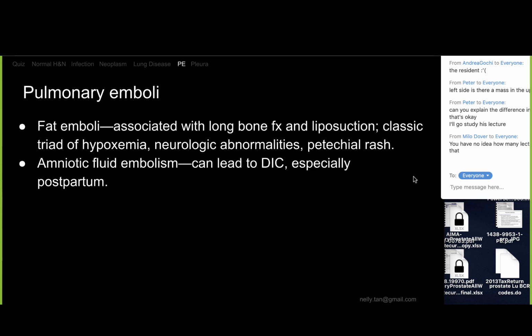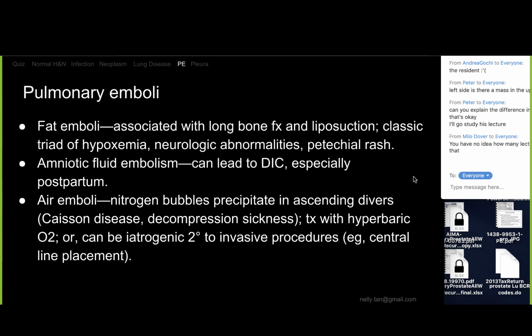But we usually use CT, the PE protocol, CT pulmonary emboli protocol. It's a CT angiogram. But there are different types of PE you should be aware of. Fat emboli are commonly seen in patients post-orthopedic surgery or with a fractured bone, because the bone marrow goes into the blood and can cause emboli.